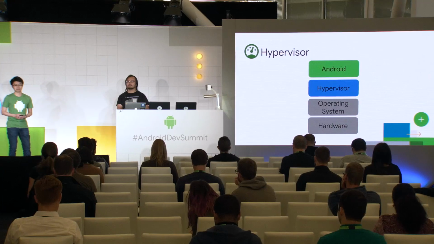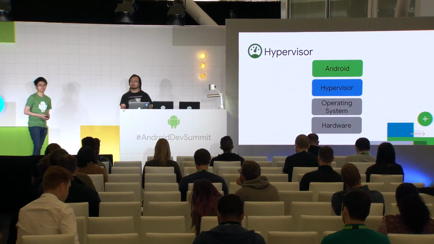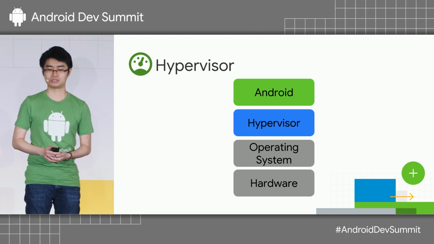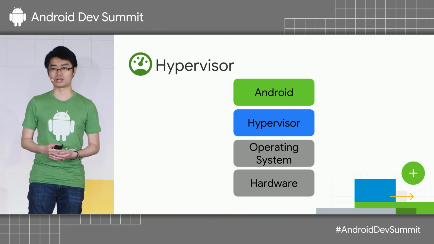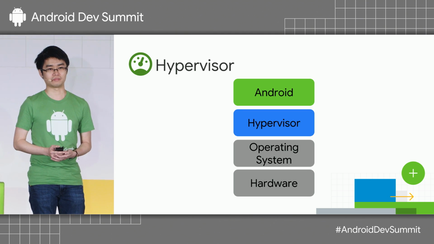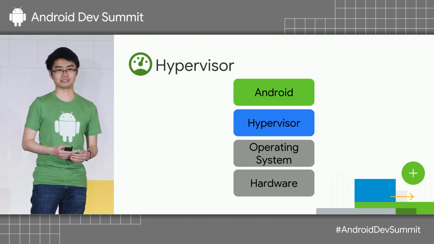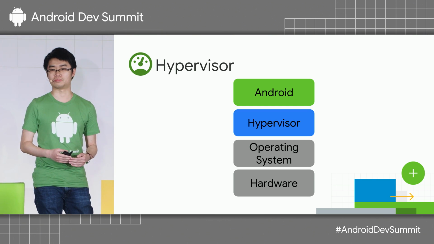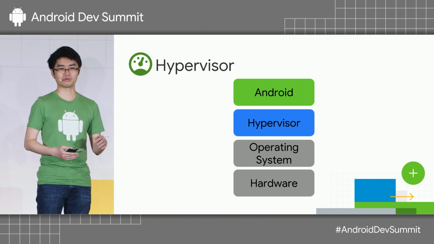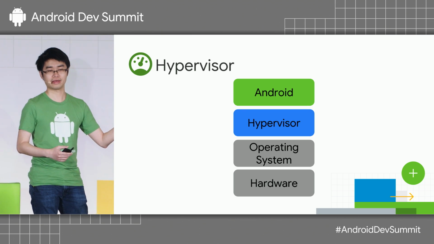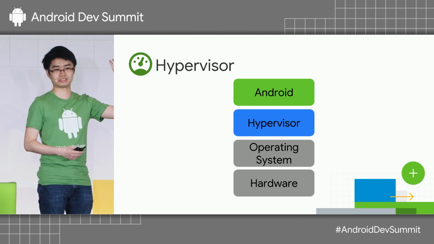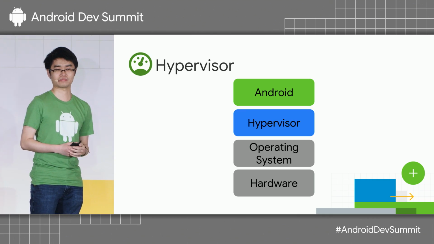The first thing we want to focus on about performance is hypervisor support. A little bit of background about hypervisors: if you are running the Android emulator, at the lowest level you have your computer hardware. On top of it, you have your operating system. And at the highest level, there is the emulated Android OS.